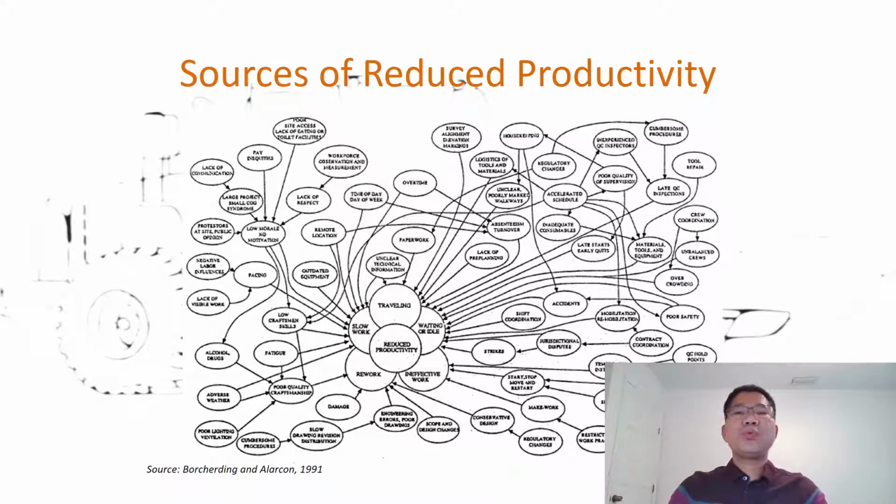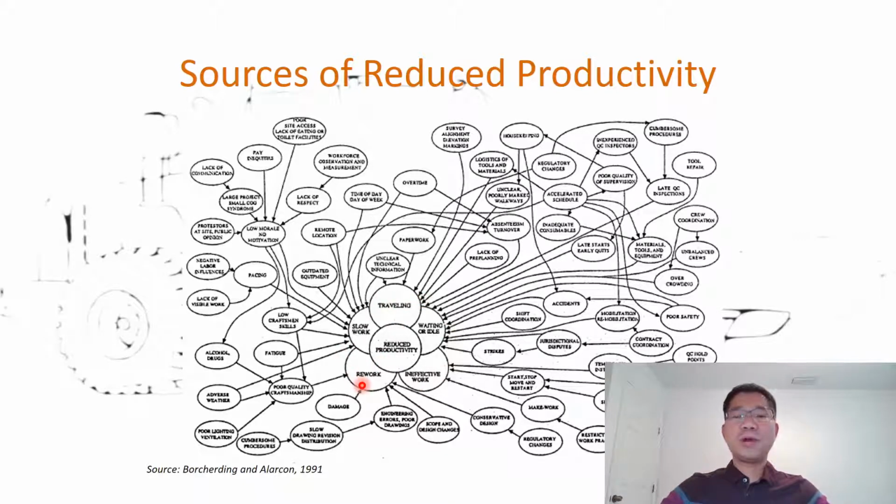Just to show you an overview about productivity and the factors improving or reducing it, there are multiple factors. I show you this map, which shows at the end the reduced productivity, which can come from many factors.